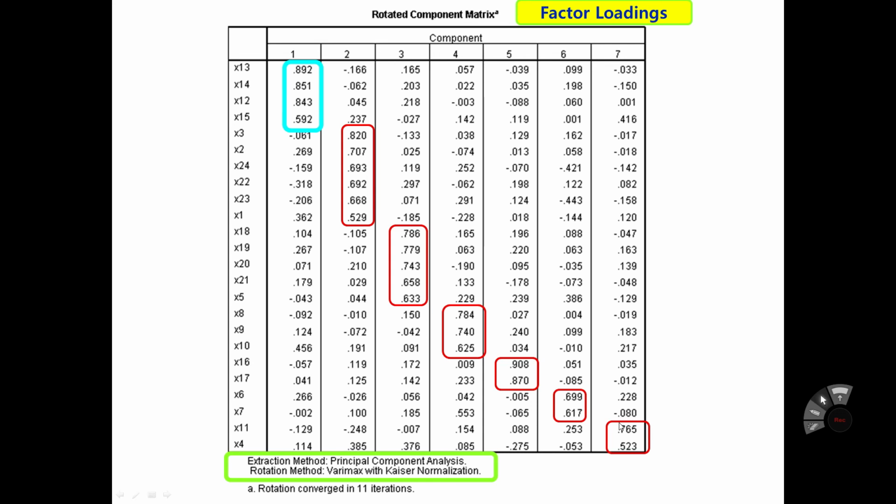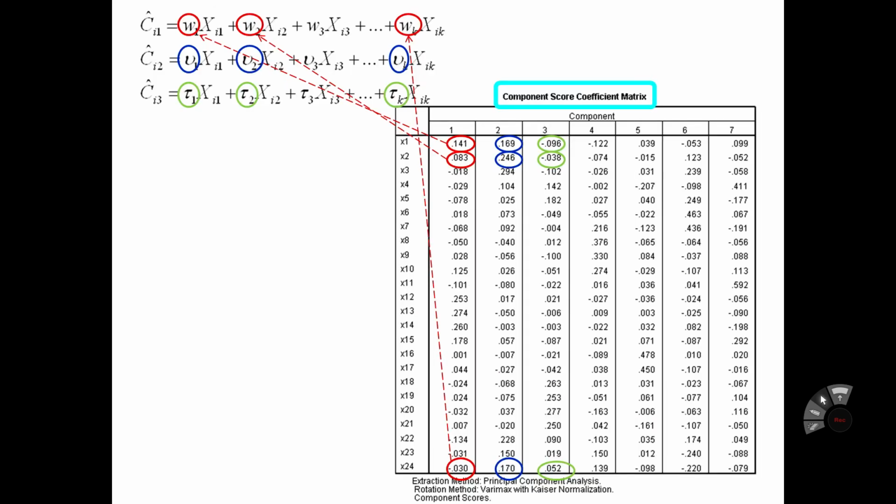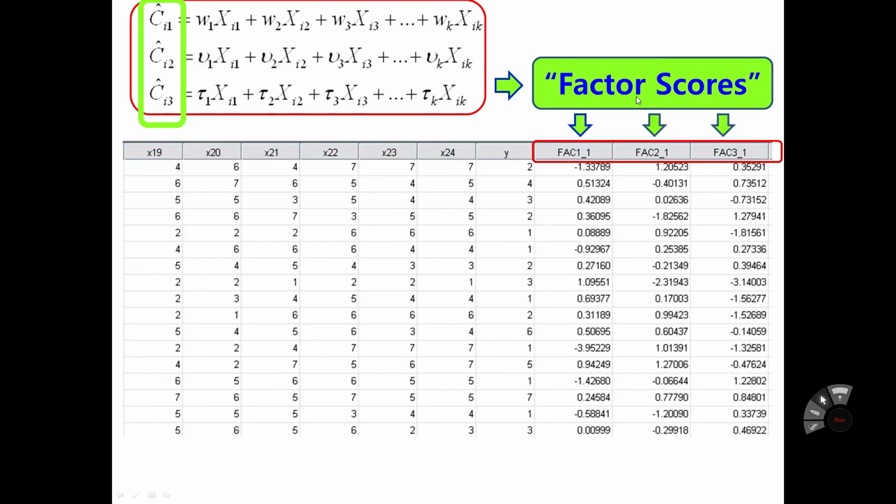This is the table for factor loadings. My recommendation is to use the rotated component matrix. The component score coefficient matrix will be used to select the factor scores, so we can have a factor score on the spreadsheet. If you check it, you can find this.